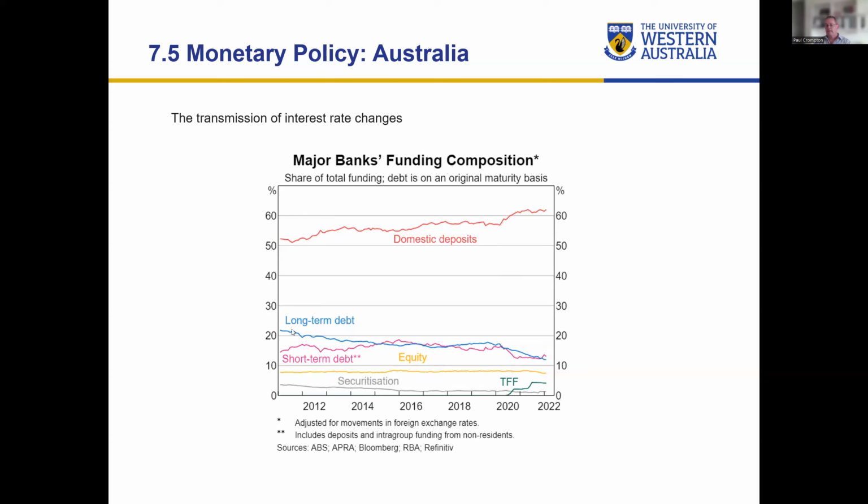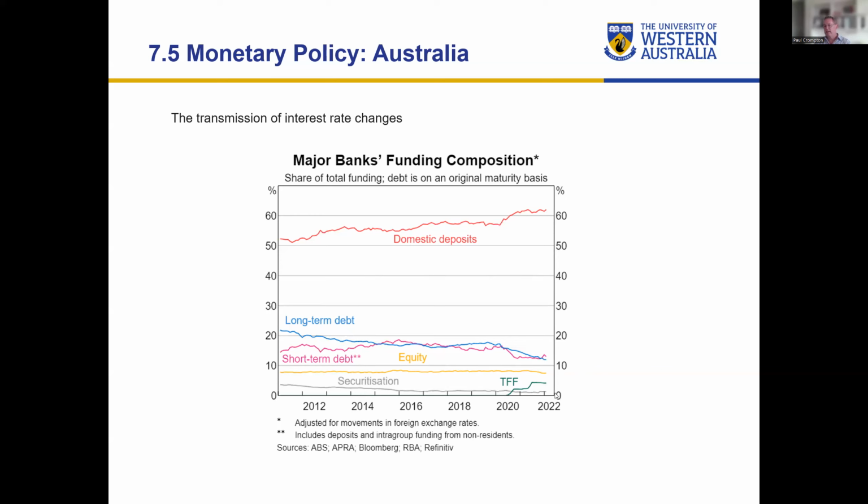And each of these three main sources of funding, domestic deposits, long-term debt and short-term debt, have different interest rates associated with them. Now, the interest rates are certainly not on the vertical axis. That's not what it's measuring. The vertical axis is measuring the percentage or the share of total funding from each of these sources.